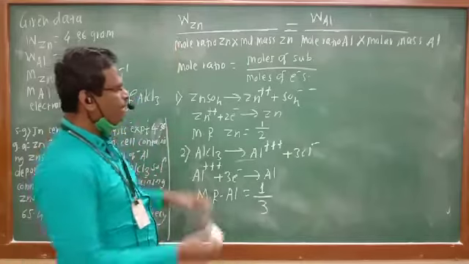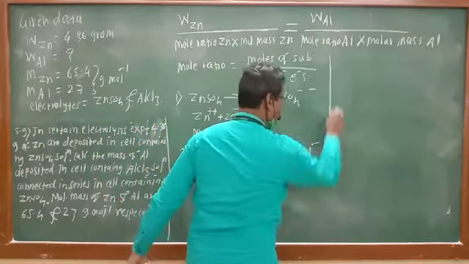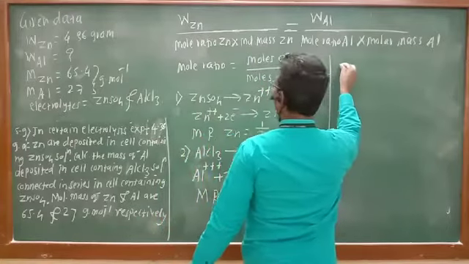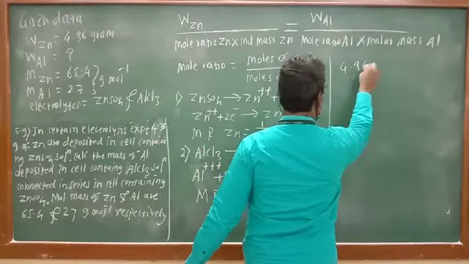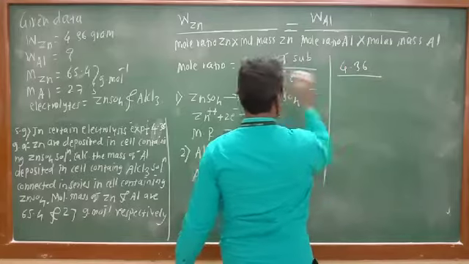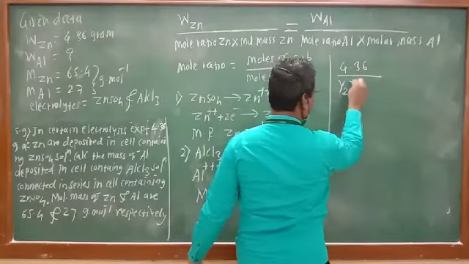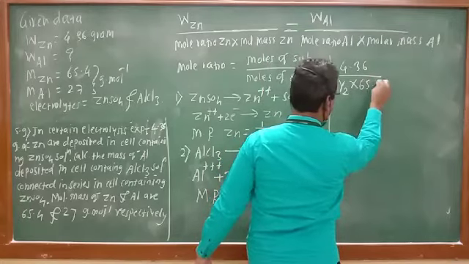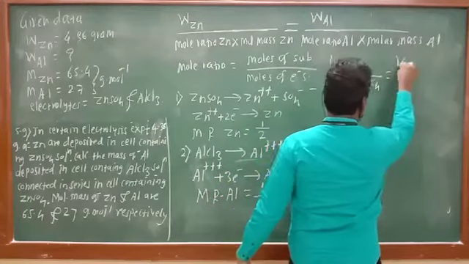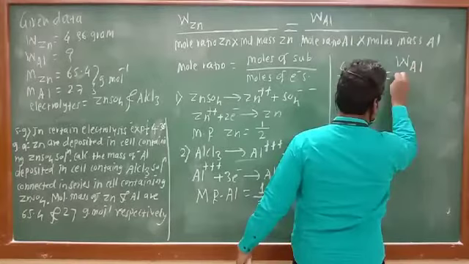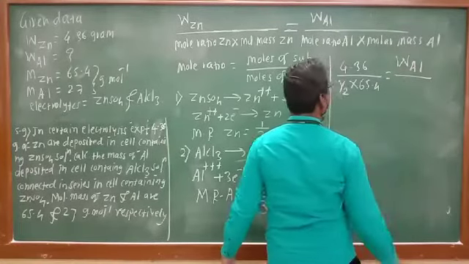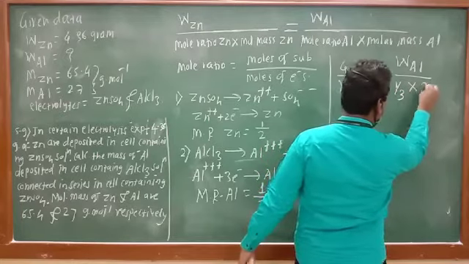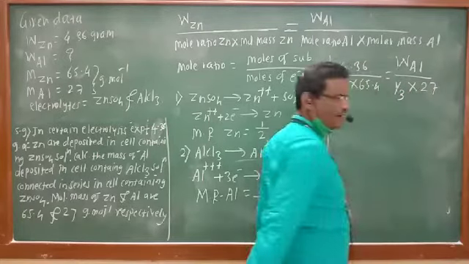Now substitute the values for calculation. Weight of zinc is given as 4.36 divided by mole ratio of zinc, 1/2, multiplied by molar mass of zinc 65.4, is equal to weight of aluminium, which we have to calculate, divided by mole ratio of aluminium, 1/3, multiplied by molar mass 27.